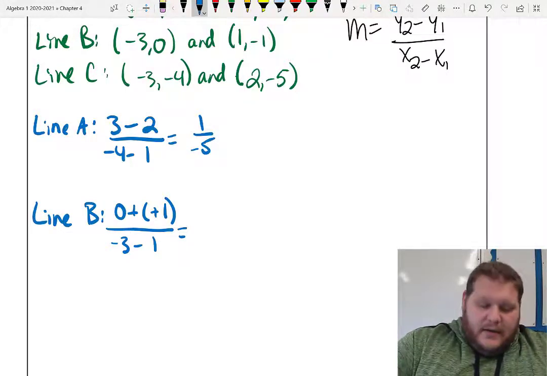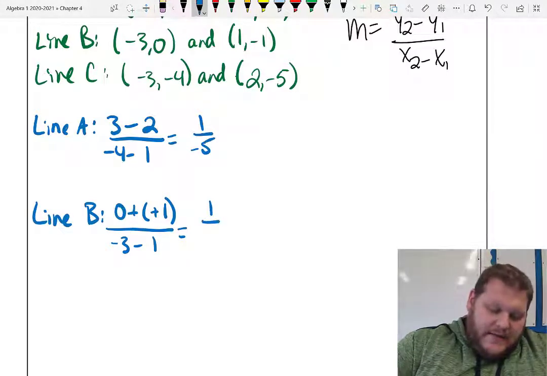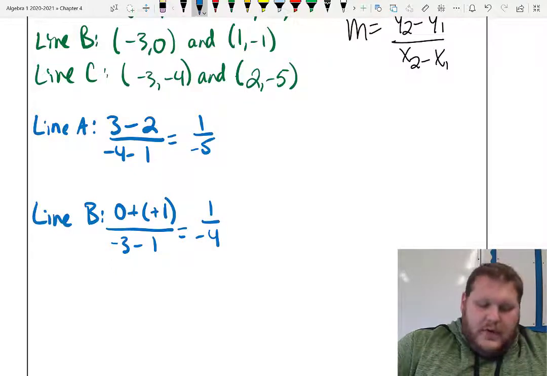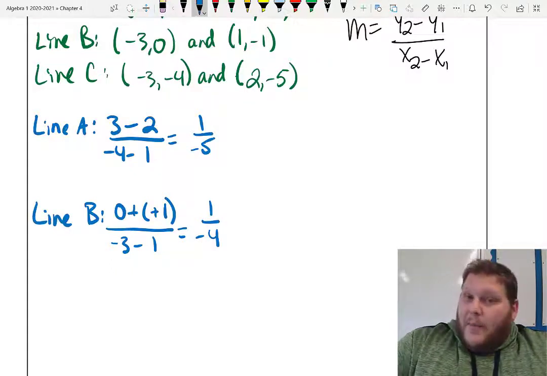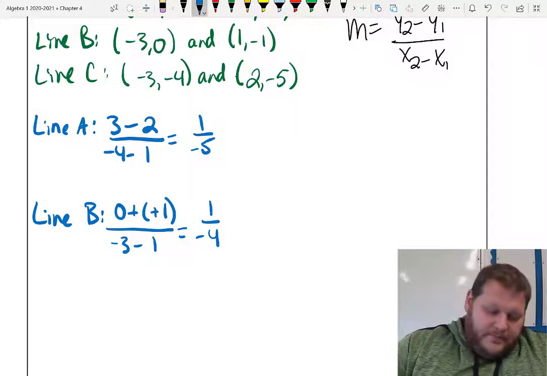Subtracting a negative makes it a positive, so 1 over negative 4. So far we know A and B are not parallel to each other because they have different slopes.